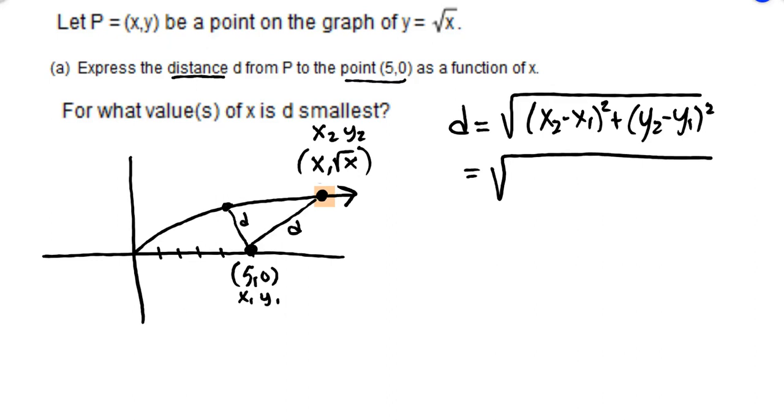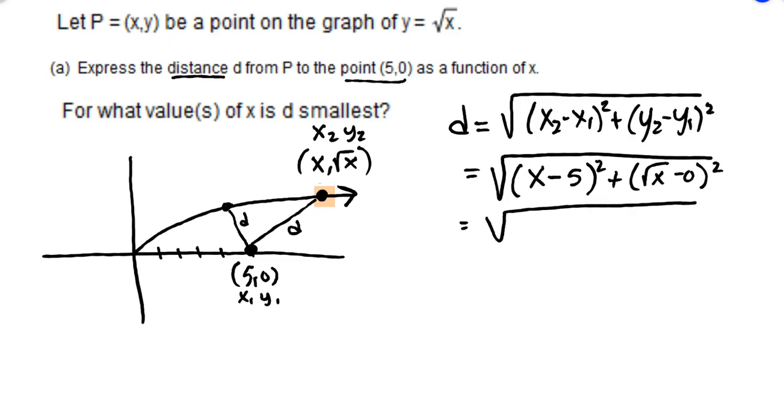So substituting those coordinates in, we would get the square root of (x minus 5) squared plus (square root x minus 0) squared. I'll simplify, and I'll multiply out the (x minus 5) squared to be (x minus 5) times (x minus 5). And square root of x minus 0 is square root of x.